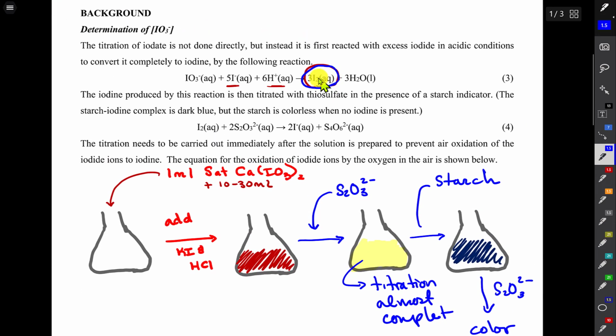It looks like if there's more I2 that there was more iodate. So you can actually swirl these solutions too much and you increase the volume of thiosulfate that you'll need to get to the endpoint. And that'll overestimate the solubility of the calcium iodate because it looks like there's more iodate in solution.